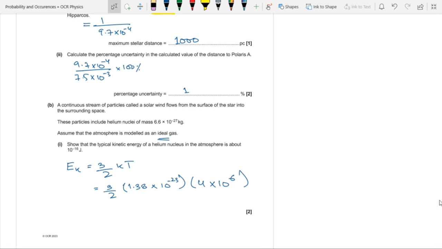So the answer comes out to be 8.28 times 10 to the power minus 17, and rounded off to two significant figures, 8.3 times 10 to the power minus 17. That's quite close to 10 to the power minus 16.